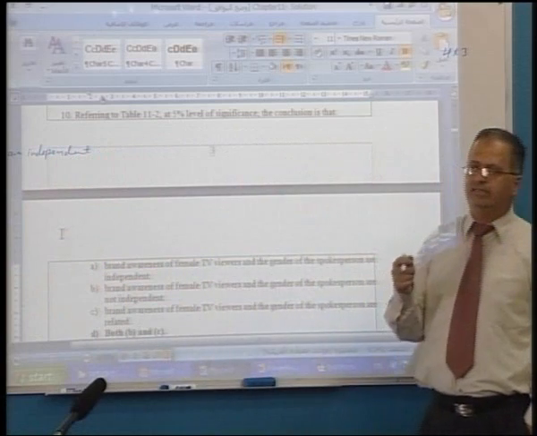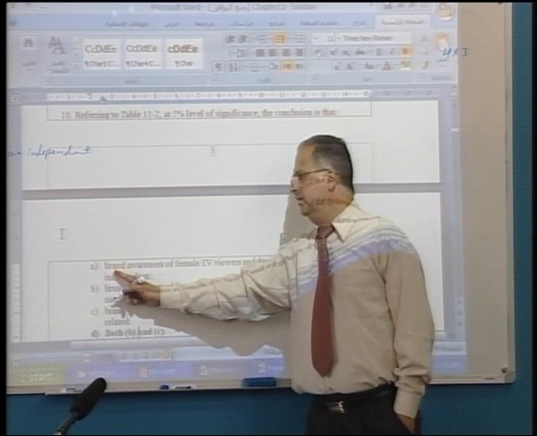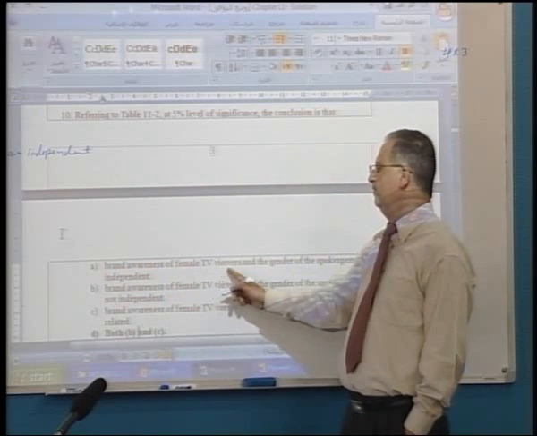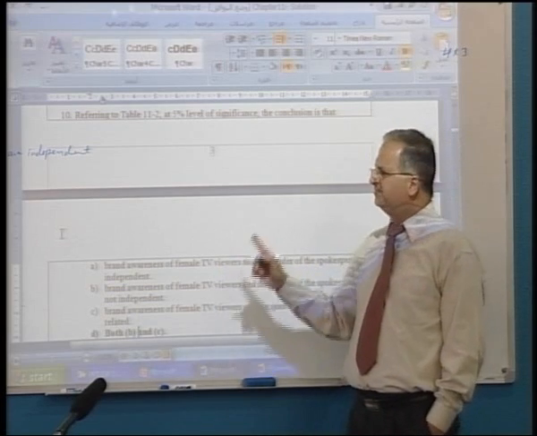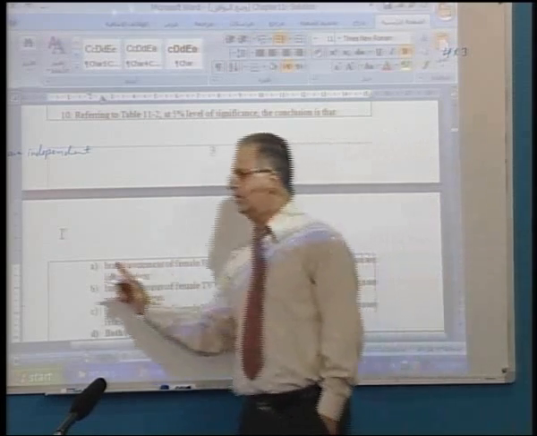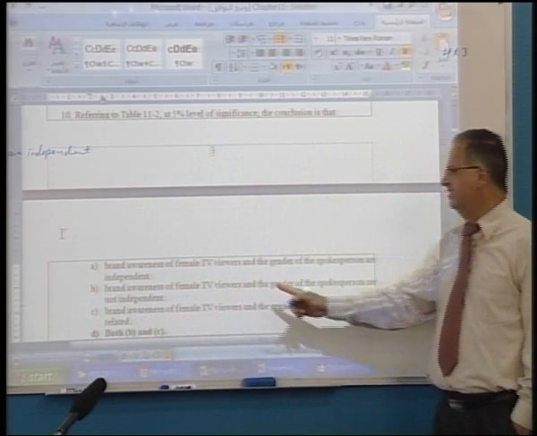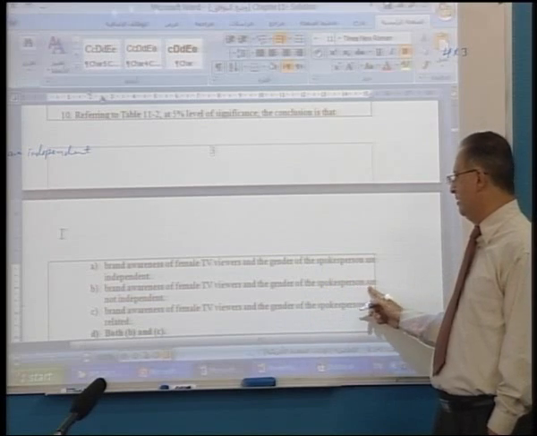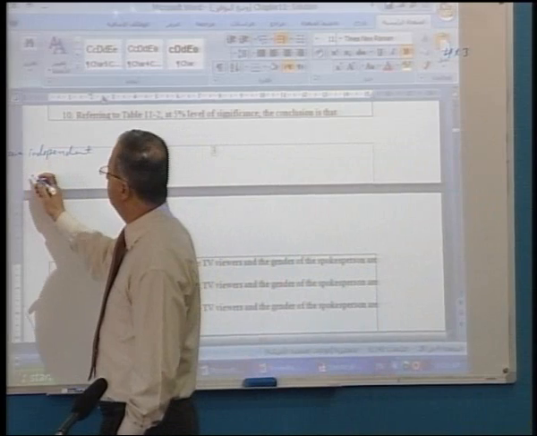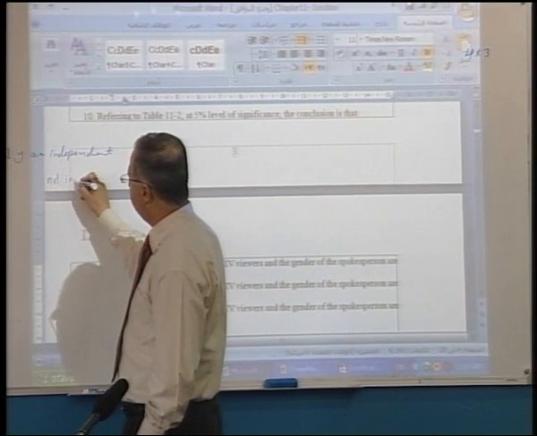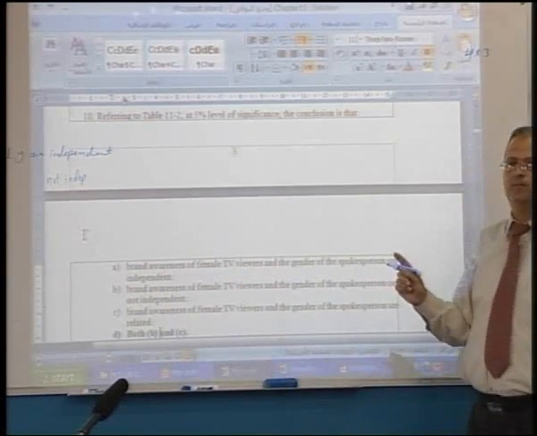That means they are dependent or related. So A, brand awareness of female TV viewers and the gender of the spokesperson are independent: no, because we reject the null hypothesis. B, they are not independent: since we reject, then they are not, because it is the complement. So B is the correct answer.